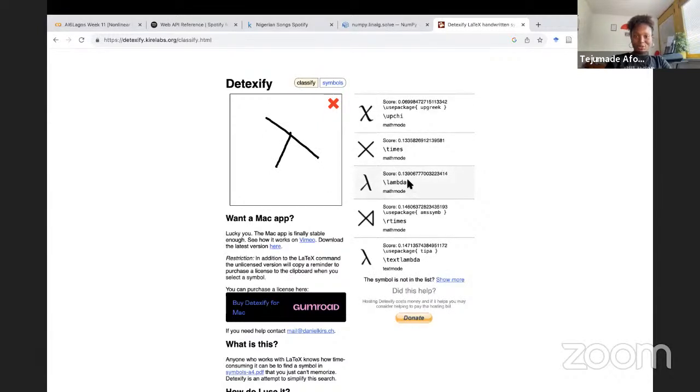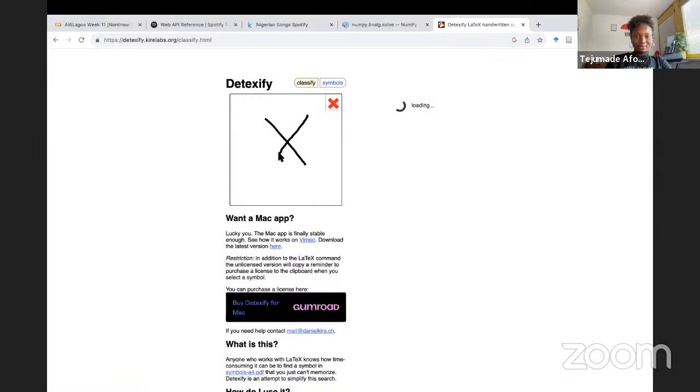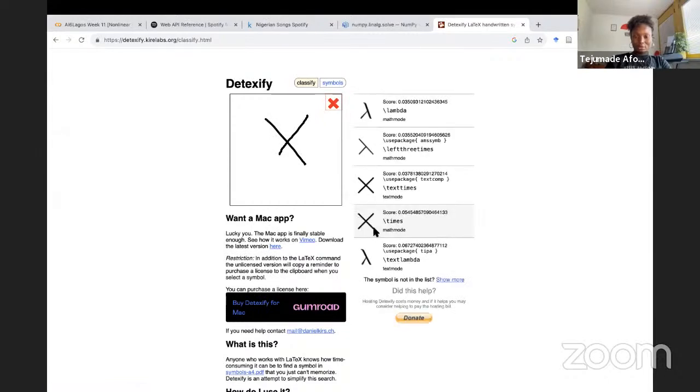It shows you options, so you can say the name is lambda. If you want times, I don't know what it's called, you can decide which of these you're looking for. This is times. So you can use it to learn how to write LaTeX if you're curious about LaTeX. I like this too because sometimes I forget what it's called, and instead of trying to Google the name, I just write it out, right?